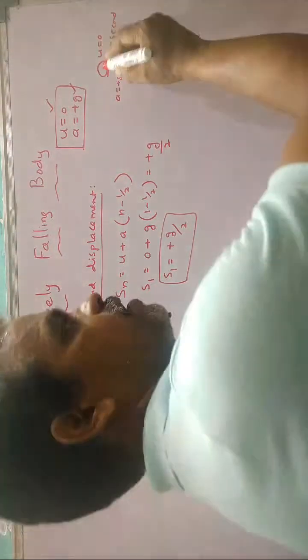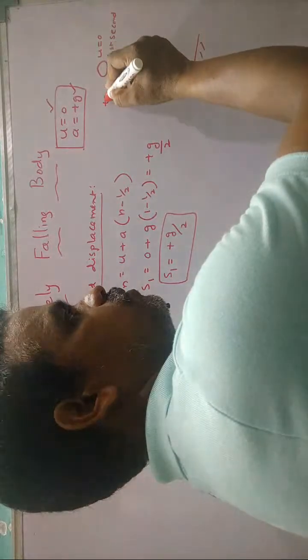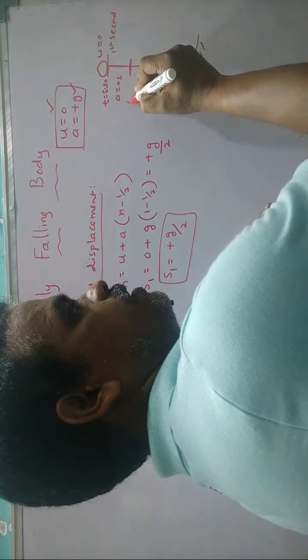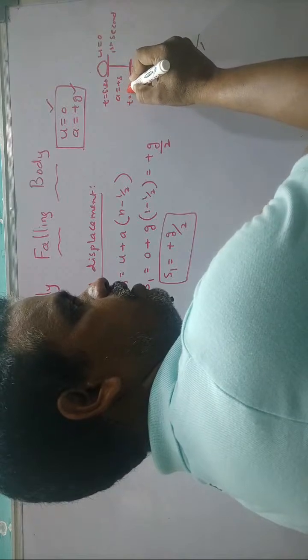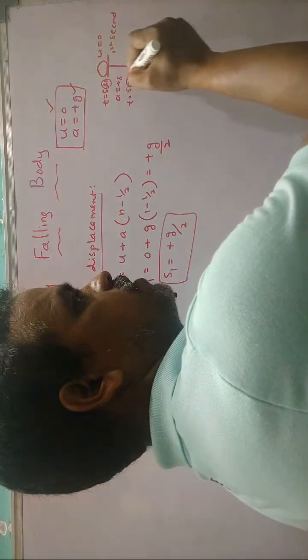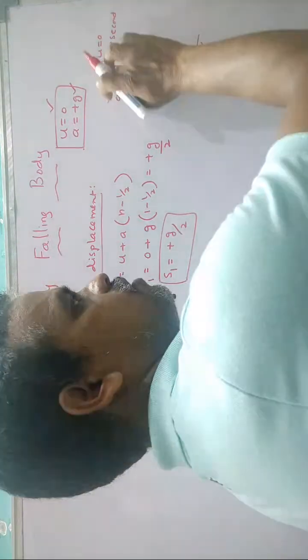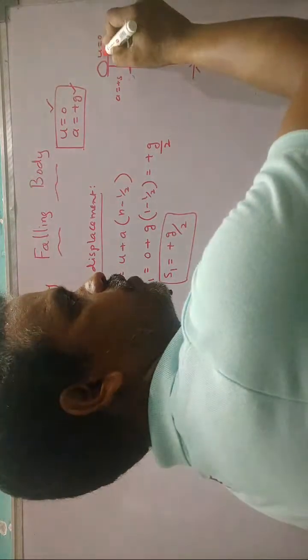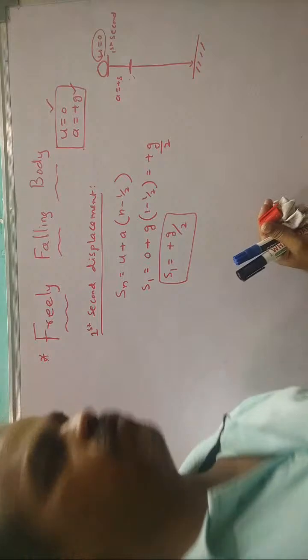For example, I dropped the ball at t equal to 5:30. Then here 5:31 seconds. 30 seconds it started, 31 seconds. In first second, how much displacement is covered by the body? For that, u equal to 0, a equal to plus g.